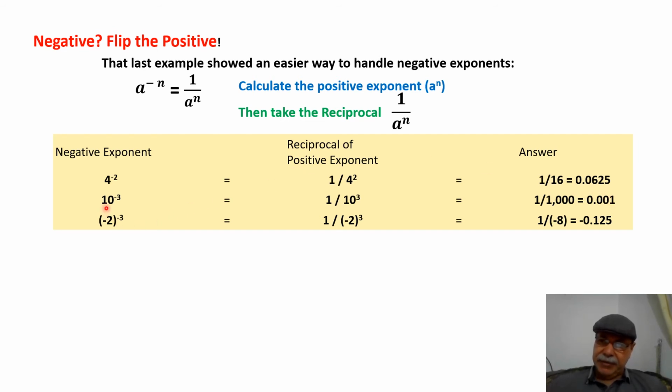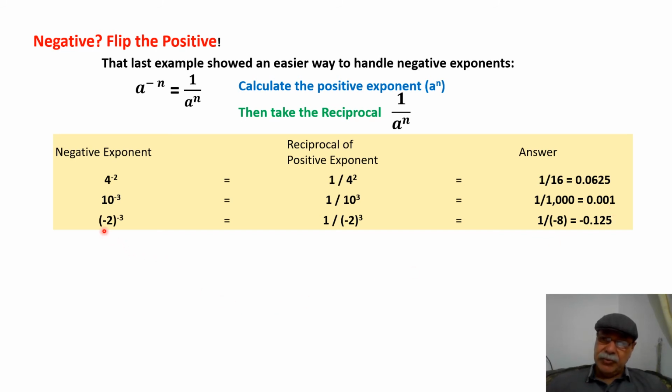Here, 10 to the power minus 3 equals 1 over 10 cubed. 10 cubed means 10 times 10 times 10, which is 1000. So 1 over 1000. When I divide this by long division, I get 0.001 as the last result.